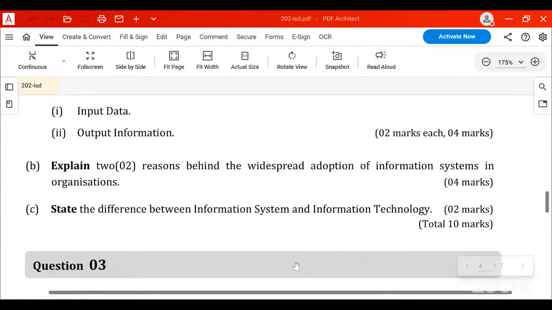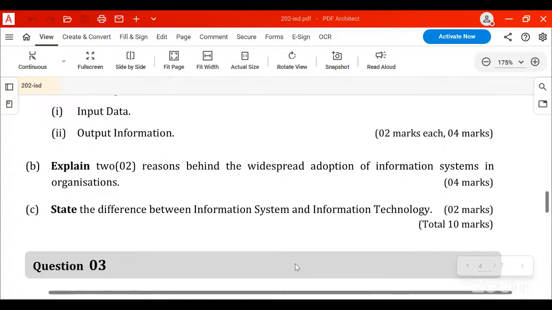Explain 2 reasons behind the widespread adoption of information systems in organizations, right? Reasons for widespread adoption. One is efficiency improvements. Efficiency improvements mean automation of routine tasks, which reduces manual labor and processing time, right? Now there's the automation part. Then what is happening finally?